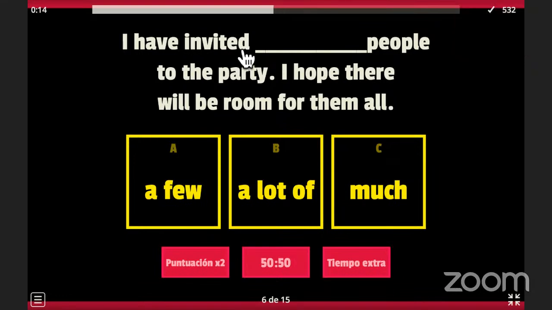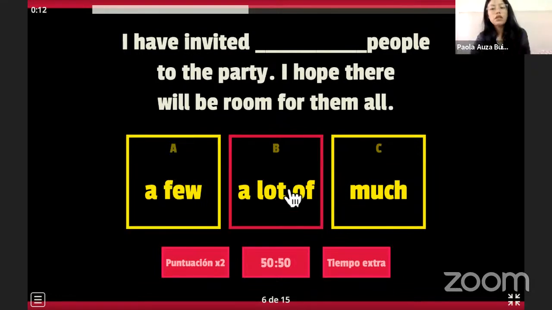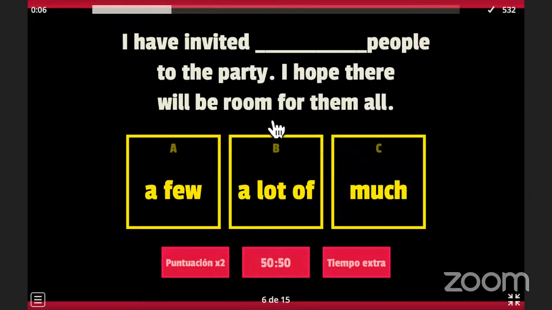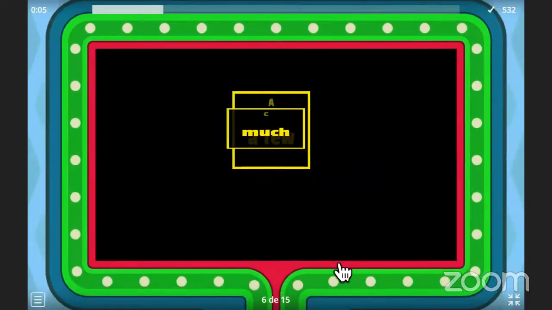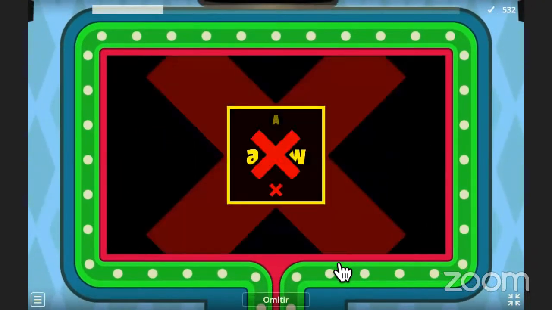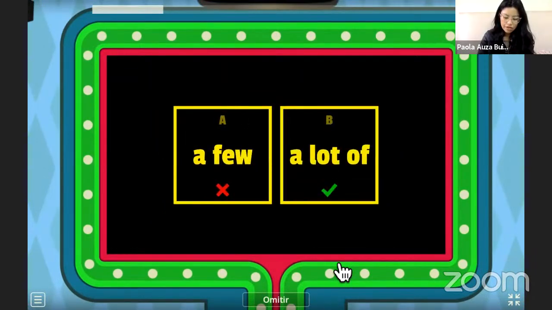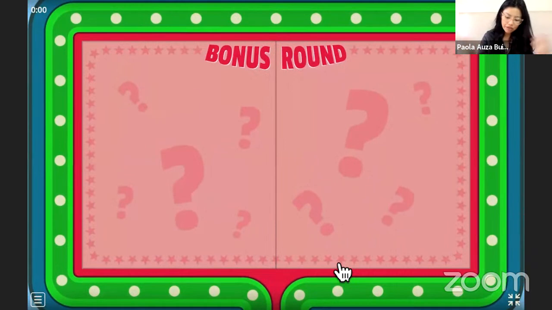I have invited a lot of people to the party. I hope there will be a few. All right. In this case, no, just for the logic. And by the way, the difference between few and a few is the same.